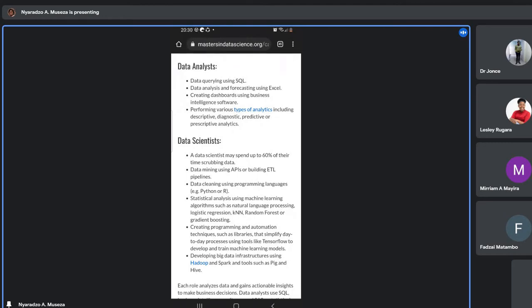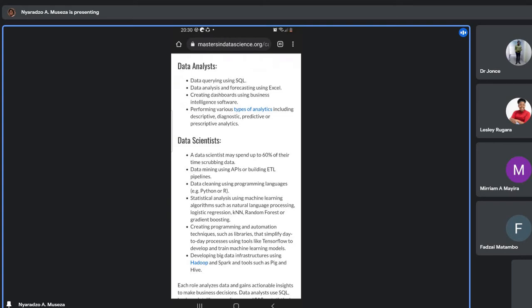Data analysis using Excel, creating dashboards using business intelligence software, Tableau, Power BI, then performing various types of analytics, including descriptive, diagnostic, predictive, or prescriptive analytics. I'm sure you can all differentiate between descriptive, diagnostic, and predictive.